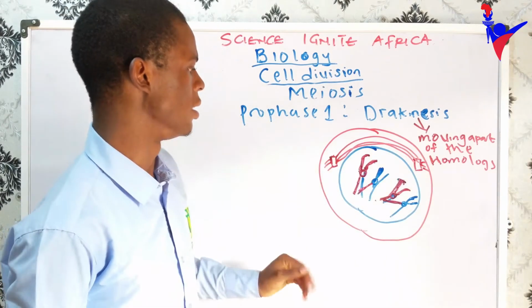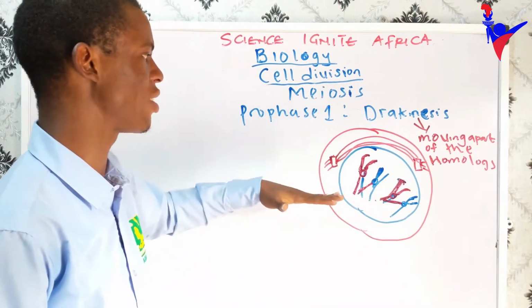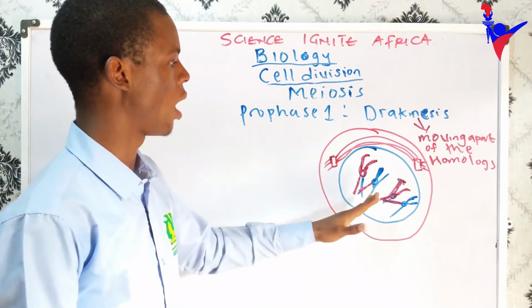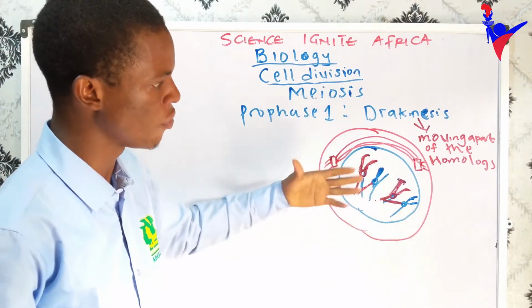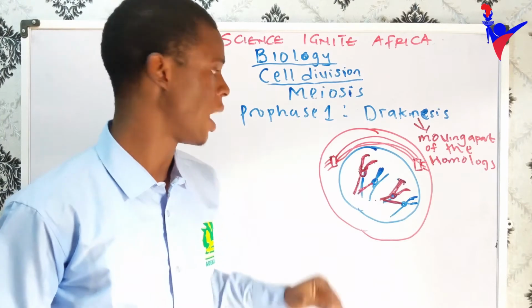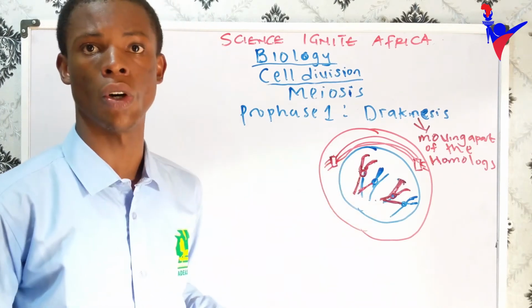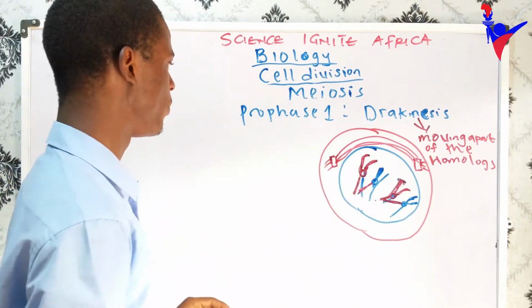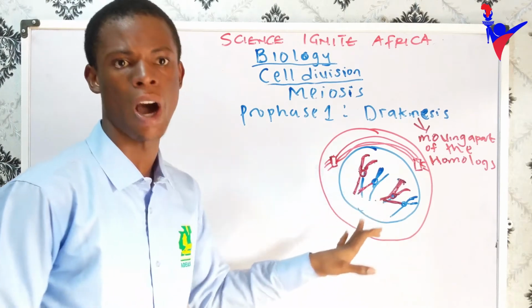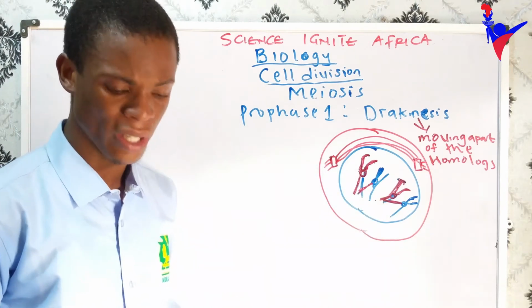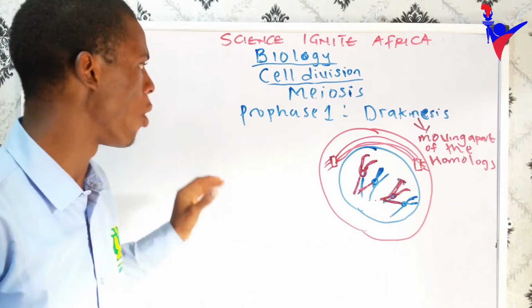After the diakinesis stage, after the chromosomes have moved apart the homologs, like you see in the picture on the board, the chiasma is still visible.